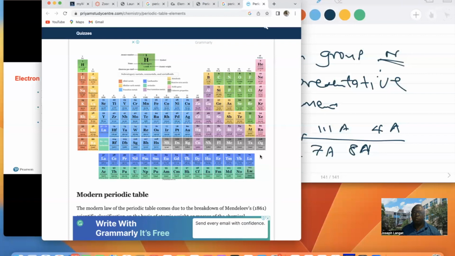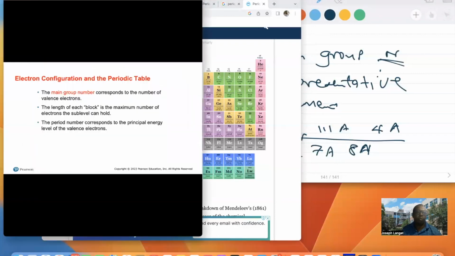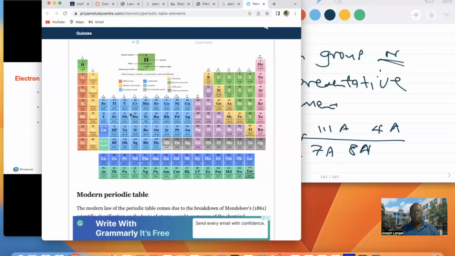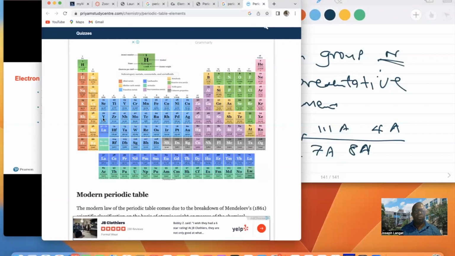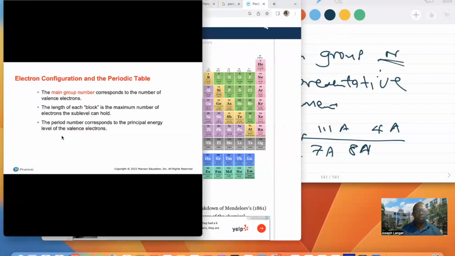If you use the periodic table archive view, it should have 14 for that. That's what bullet point number 3 here means. The period number corresponds to the principal energy level. What does that mean? This is period 1, row 2, row 3, row 4. This is the fourth principal level, the fifth, and so forth. So the period corresponds to the principal energy level.